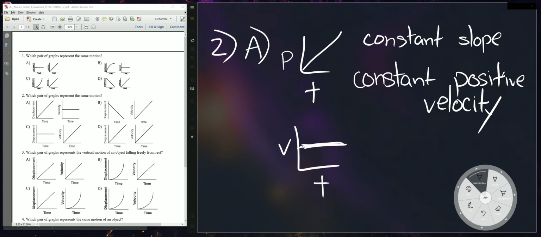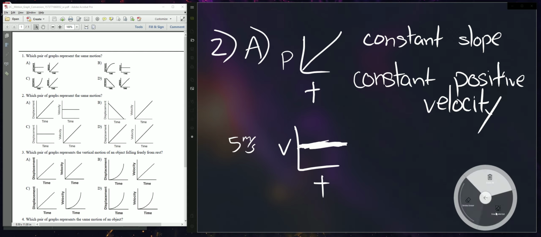Right? It's staying at the same velocity. Let's give this a number. 5 meters per second. So you can see over time, we're still at 5 meters per second. Our velocity is still 5 meters per second. All right, so that's the answer. I already covered the other interpretations in the first answer, so I'm not going to cover that.